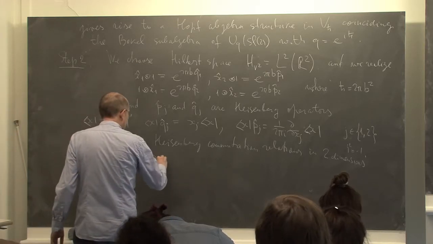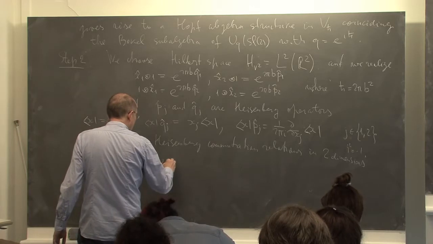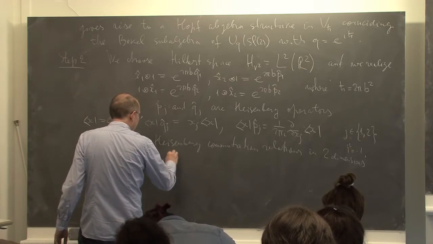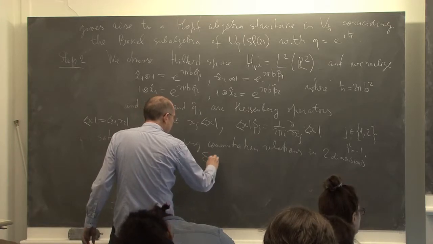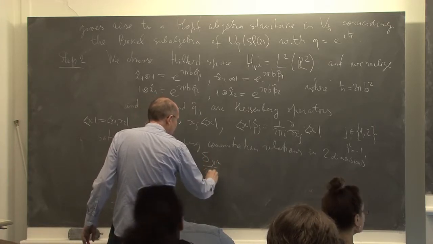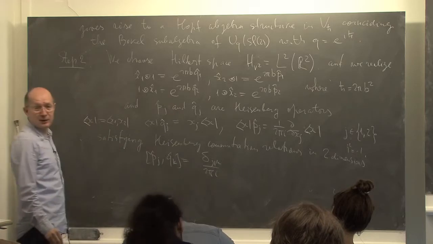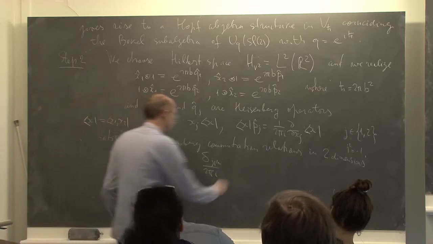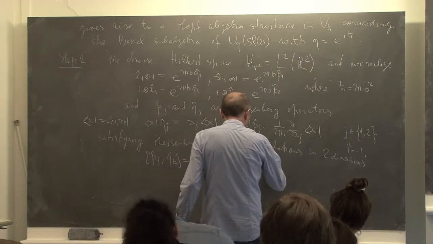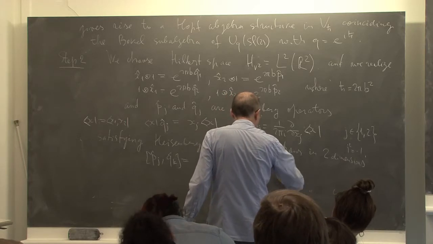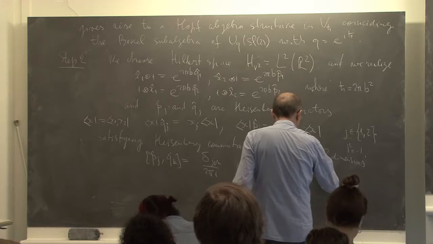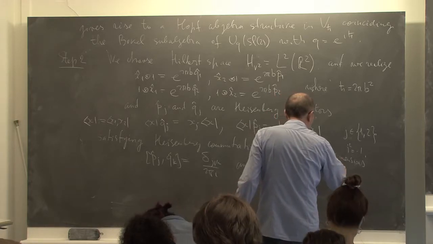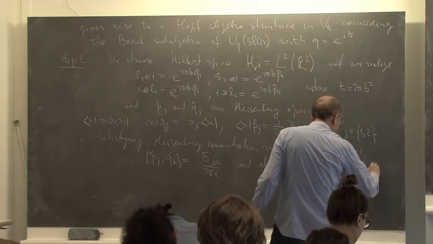So Pj hat commutes with Qk hat as delta jk divided by 2 pi i, Kronecker delta, and all other commutators are trivial.